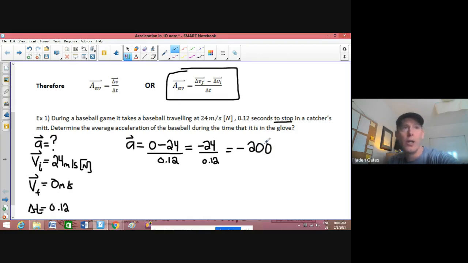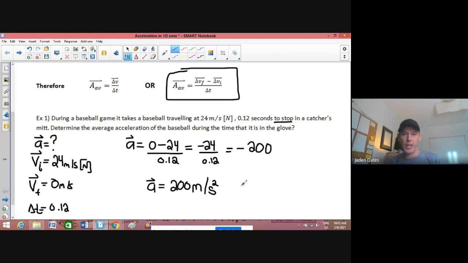Now, again, I want to write this vector down with magnitude and direction in units, because I've done the math. It's piecing it all together now. The magnitude is going to be 200. Now, for your acceleration, the units here, we're dealing with meters and seconds. So your acceleration is meters per second squared.